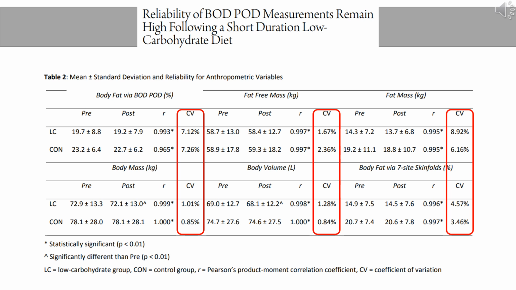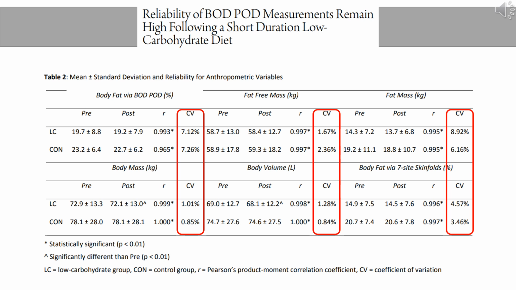Now, I know this is a sports science presentation and module, and it's not specific to nutrition, but if we focus on our coefficient of variation values for our different metrics, which is body fat percentage, fat-free mass, body volume, and body fat via the 7-site skin fold method, well, actually we can see that our coefficient of variations are all less than 10%. So as a minimum requirement, everything we see, with the exception of the skin fold method, is moderate or good reliability, which is useful.